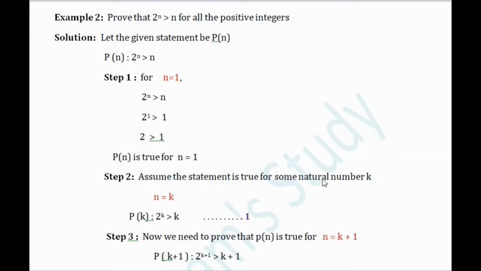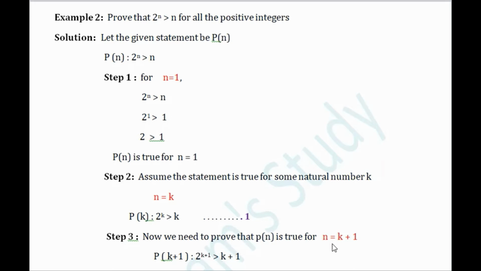Suppose we have considered the k here as 70, then the given statement should be true for 71 also. If we have assumed k as 82, then we have to prove that the given statement is true for 83 also. Understood? That's what the statement means here. n is equal to k and n is equal to k plus 1.